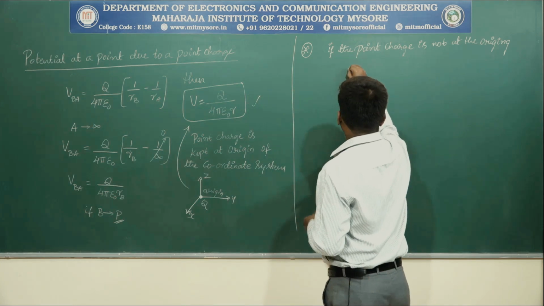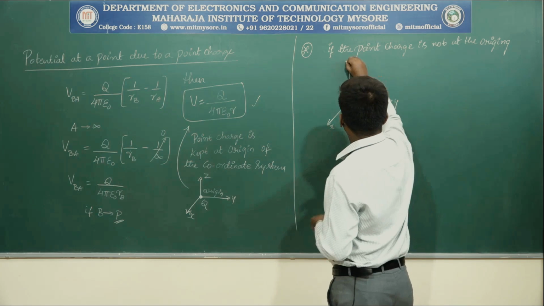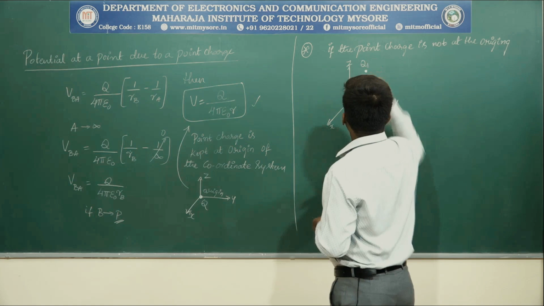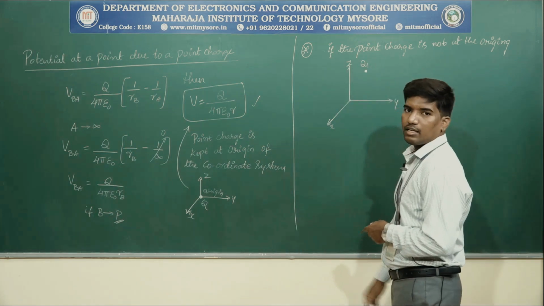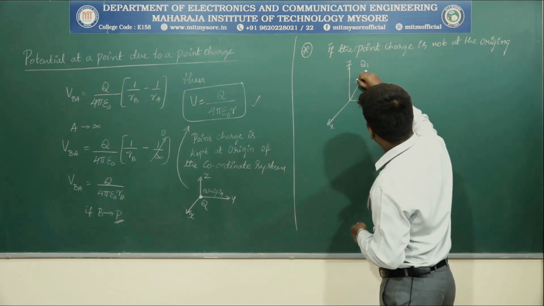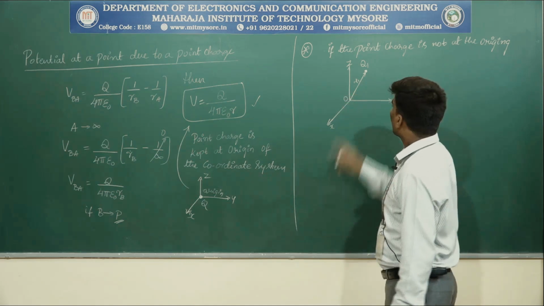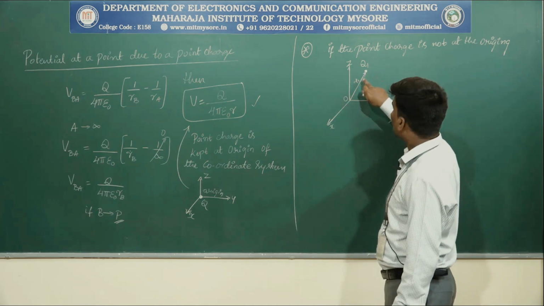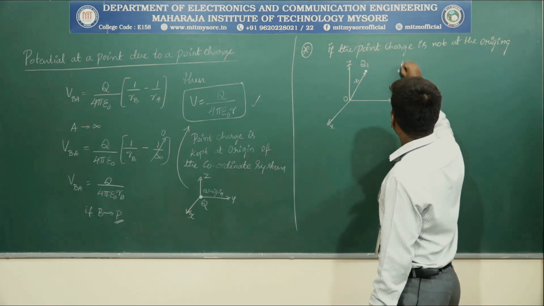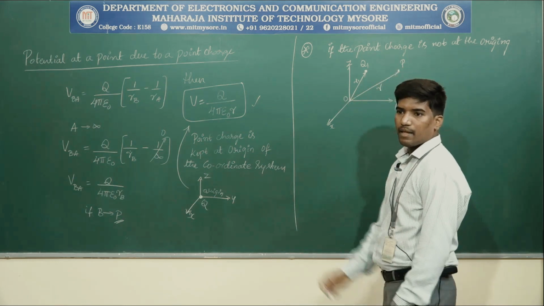Let me write here. This is X, Y, and Z. The charge Q1 is somewhere else in the XYZ coordinate system, which is at distance R1. This is the point O. Q1 is placed at a distance R1 from the origin. Let us consider a point P, which is at a distance R from the origin.